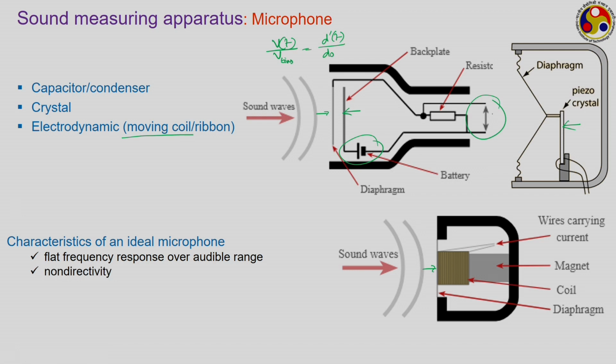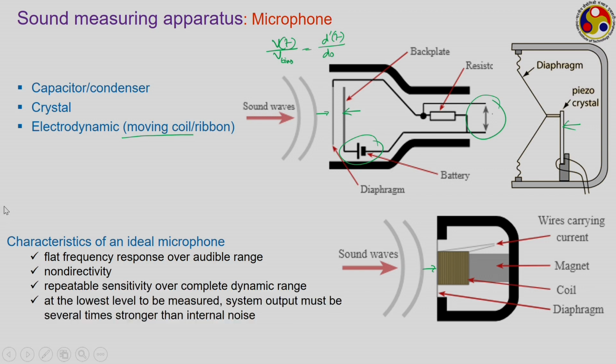Then non-directivity, it should not be direction sensitive, repeatable sensitivity over the complete dynamic range, the performance should be repeatable, and the damage on the diaphragm because of any sound impact should be very minimum.